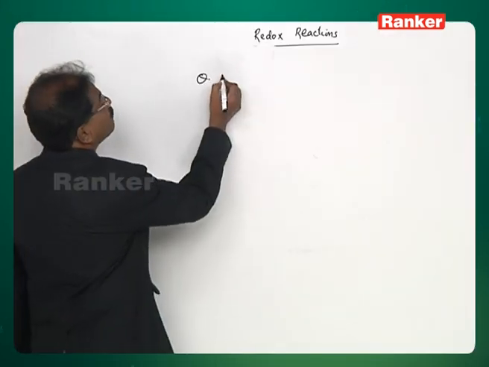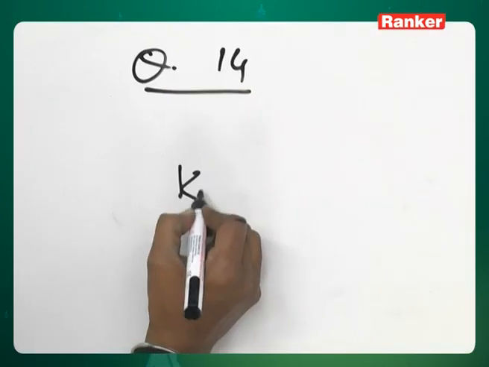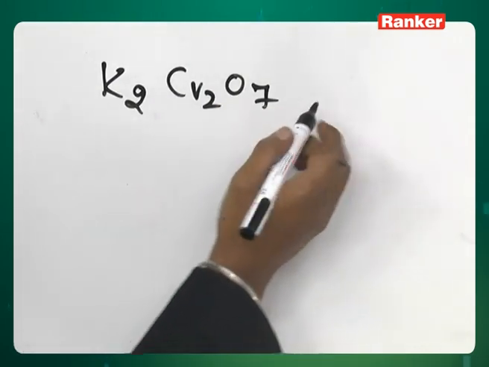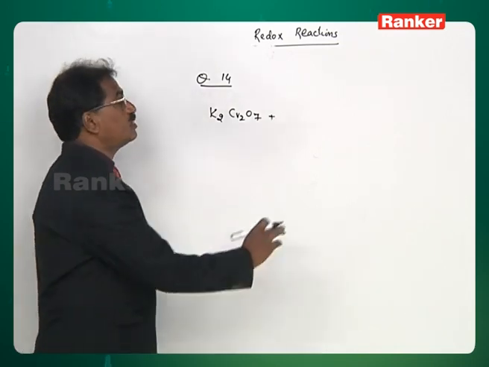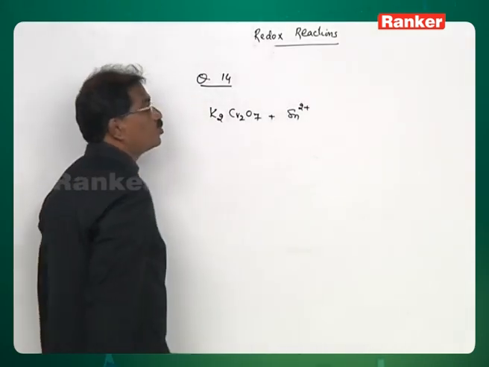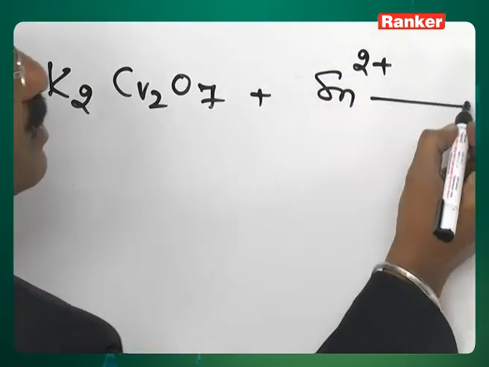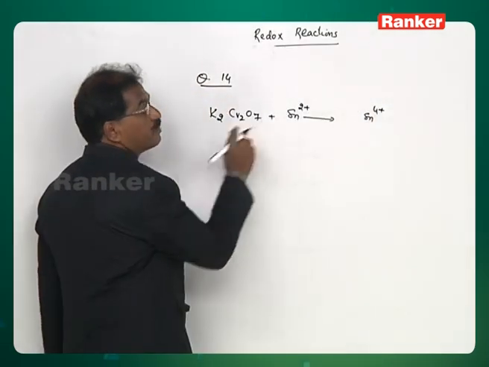Question number 14. How many moles of K2Cr2O7 can be reduced by 1 mole of Sn2+? See, in any reaction, 1 mole of K2Cr2O7 always gains 6 moles of electrons. Similarly, Sn2+ will always get converted into Sn4+, so 1 mole of Sn2+ will supply 2 moles of electrons.